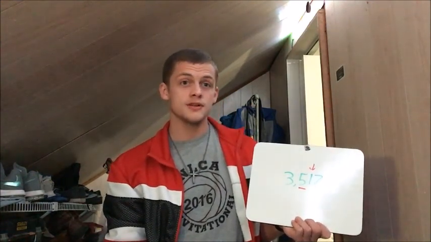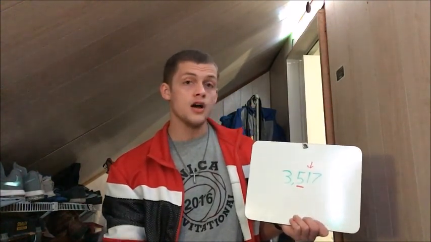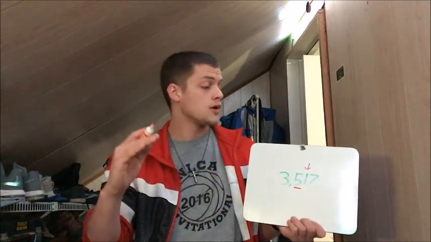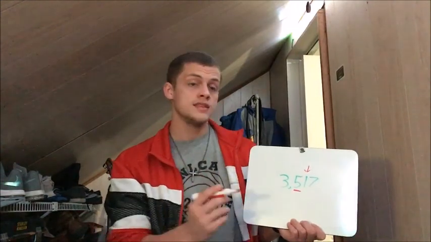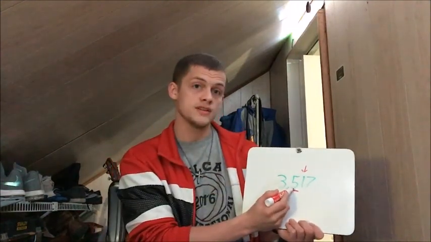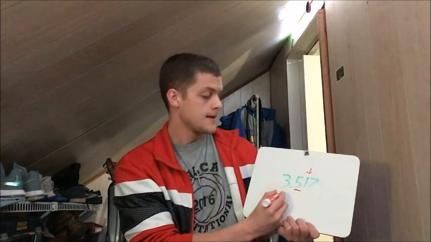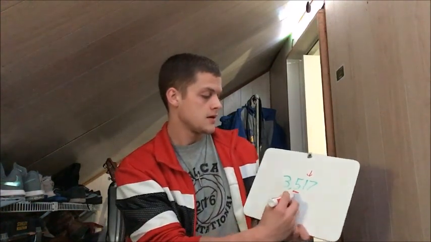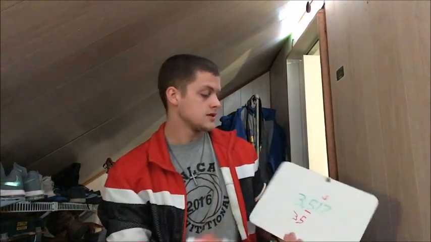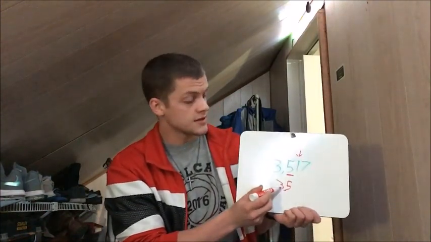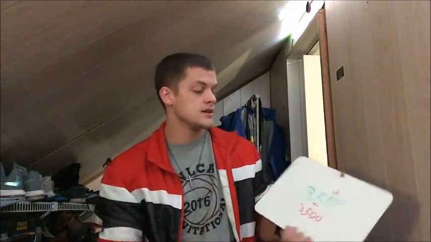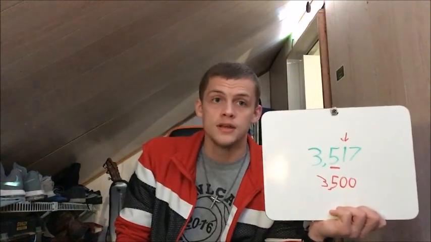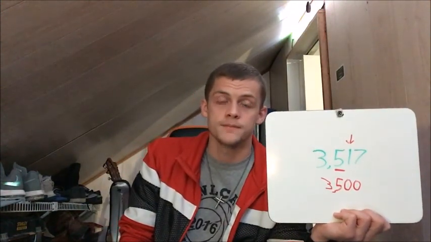What you're going to do with your determining digit is if it's under 5, that's 4, 3, 2, or 1, then you're going to keep this number that you're rounding to exactly the same, and all the numbers before it would stay the same as well. So that's going to give us a 3, and then 5, and then you're going to end the number in zeros. So we would round that number to 3,500. Okay?